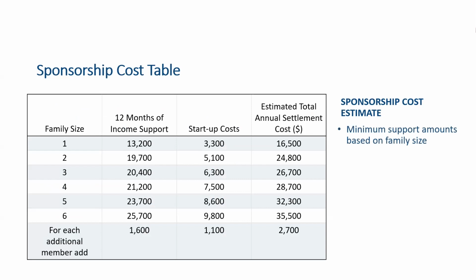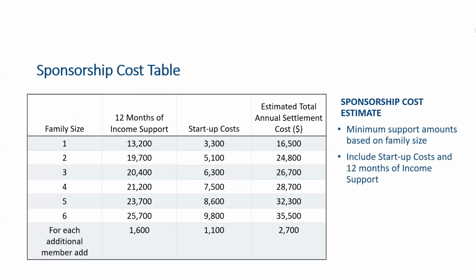With the sponsorship cost table, this is used for all communities of settlement. So unlike the RAP rates, where there are specific rates for each province, this sponsorship cost table applies nationally to all provinces. It's broken down by family size, and there are 2 categories: your 12 months of income support, as well as your startup costs, and then the estimated total amount, which adds those 2 figures together.